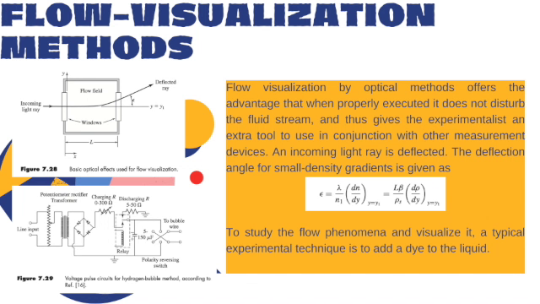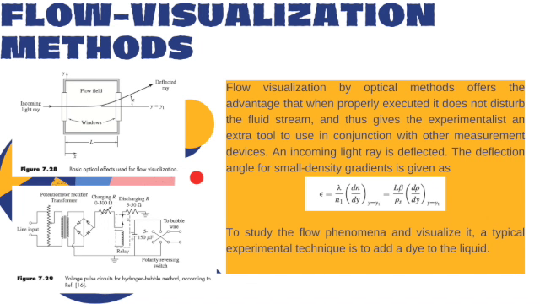Flow visualization methods. Flow visualization by optical methods offers the advantage that, when properly executed, it does not disturb the fluid stream, and thus gives the experimentalist an extra tool to use in conjunction with other measurement devices. An incoming light ray is deflected.